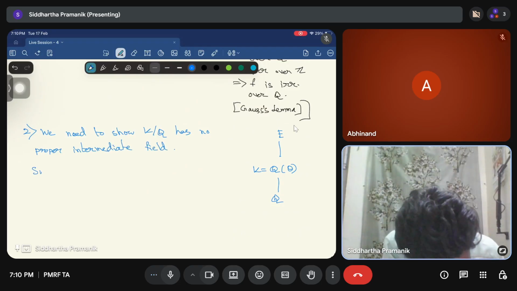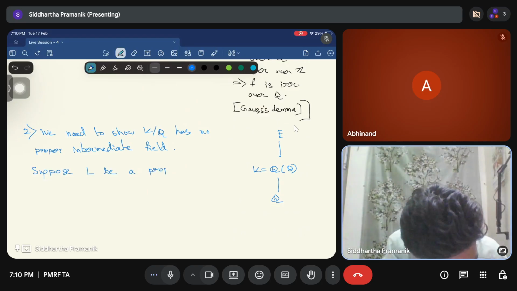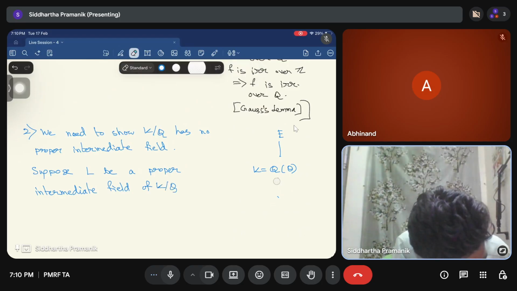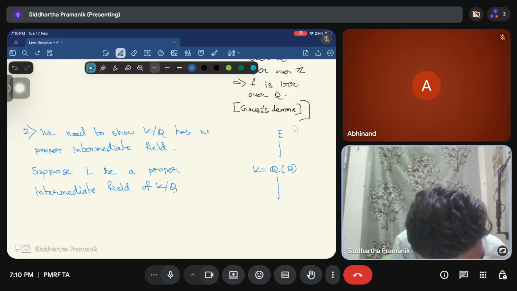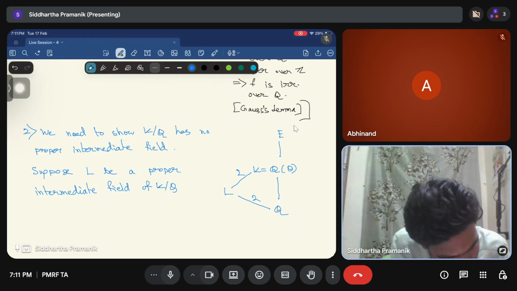Suppose L is a proper intermediate field of K over Q. Let me draw this tower a little bit bigger. So here we have this and this. So this is 2, this is 2.